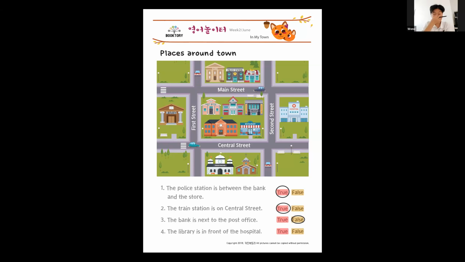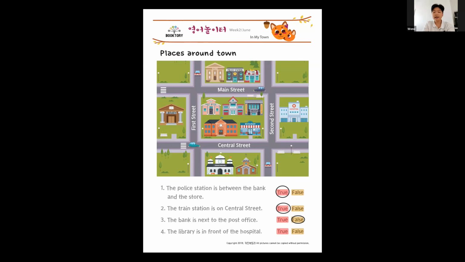Number 4, the library is in front of the hospital. So in front, you are right here where I can see you in front of me. Is that true in this picture though?